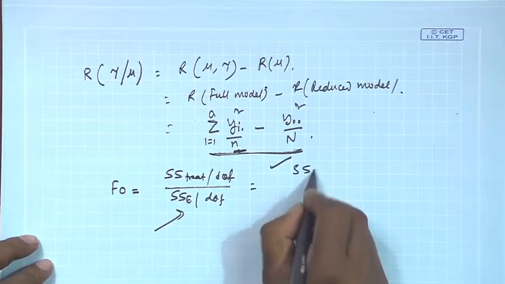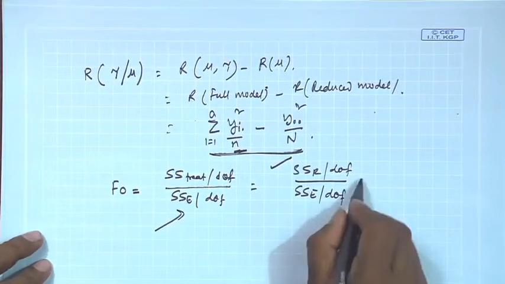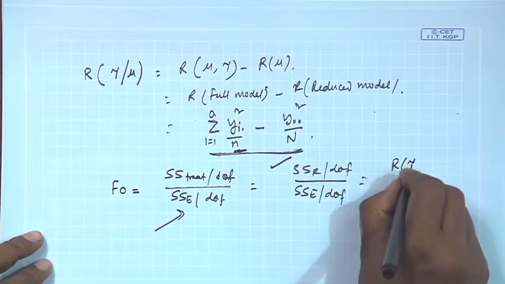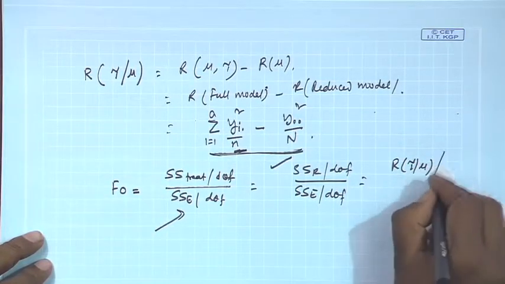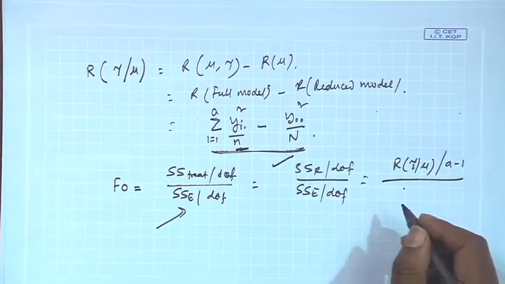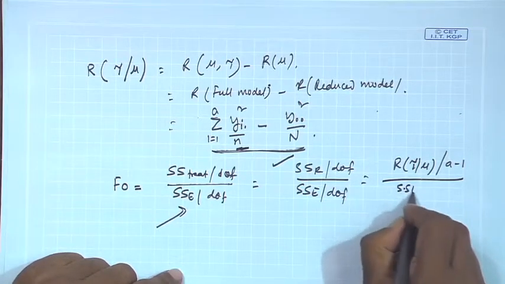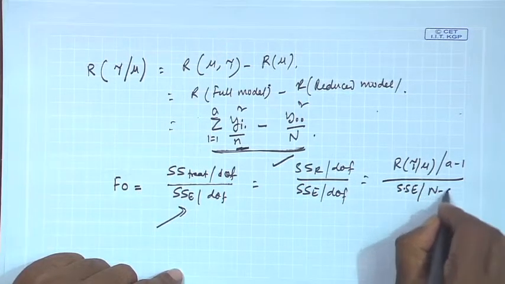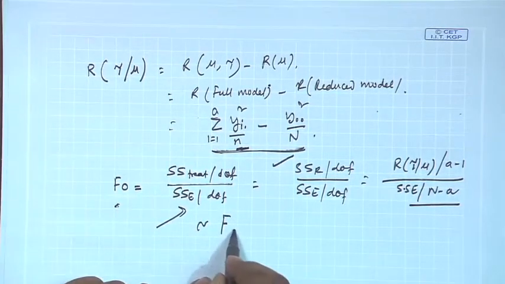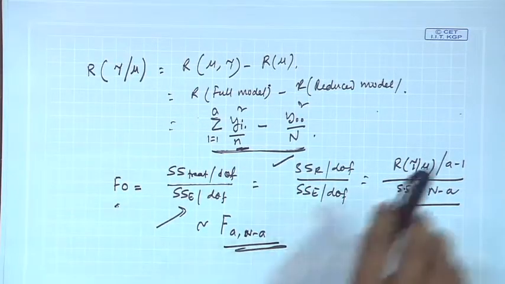From the regression point of view, it is SSR by degrees of freedom over SSE by degrees of freedom. This is R of tau given mu divided by a minus 1, and SSE you already know, divided by n minus a.